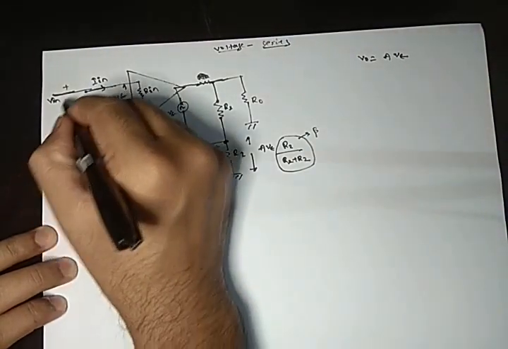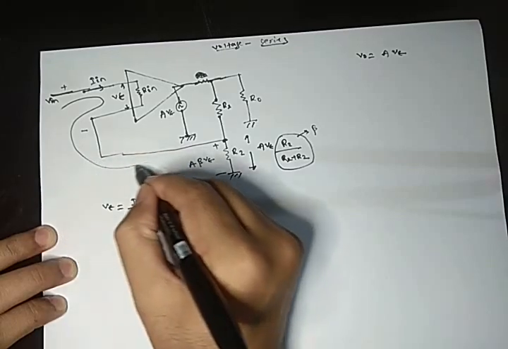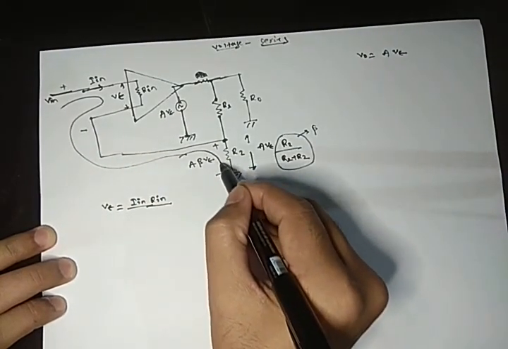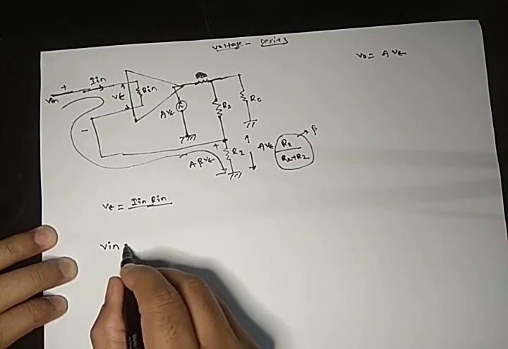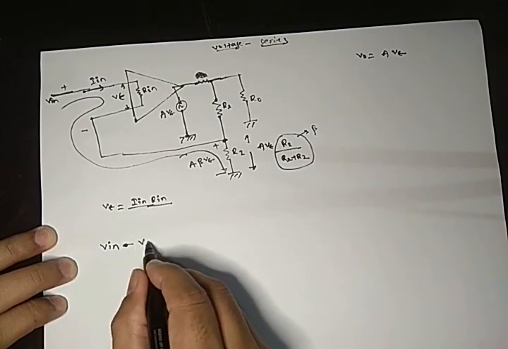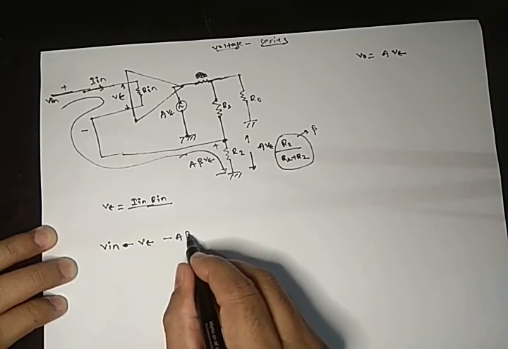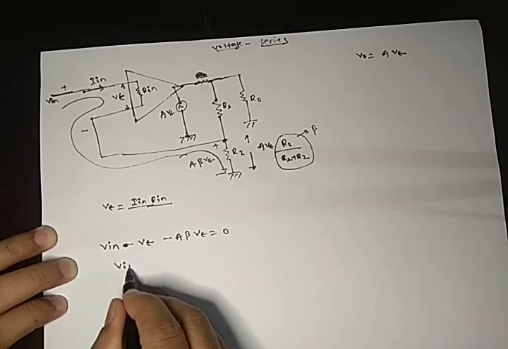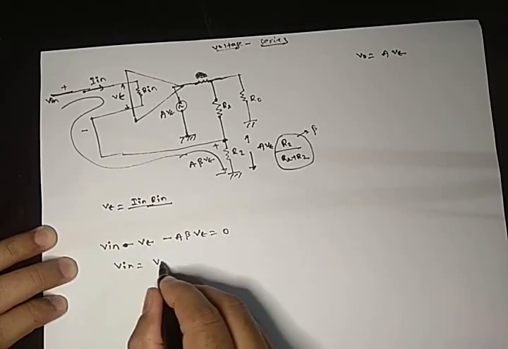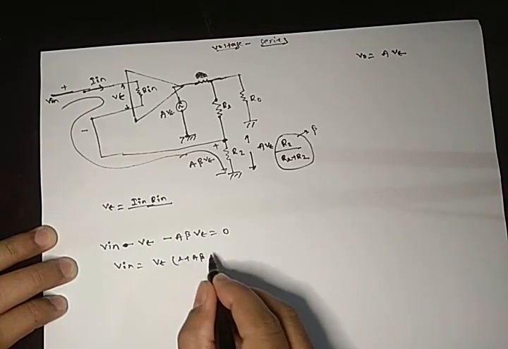Now applying KVL across this loop, what we can write? V in minus V epsilon minus A beta V epsilon equal to 0. Now V in is equal to V epsilon into 1 plus A beta.